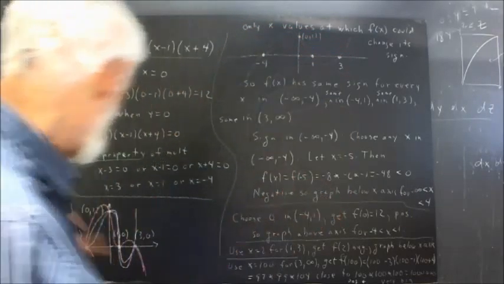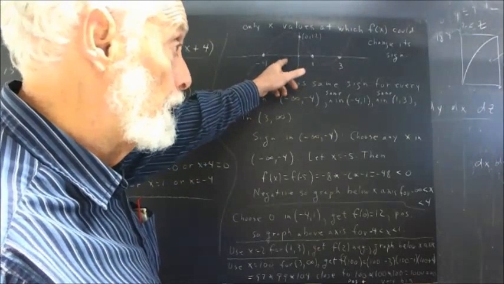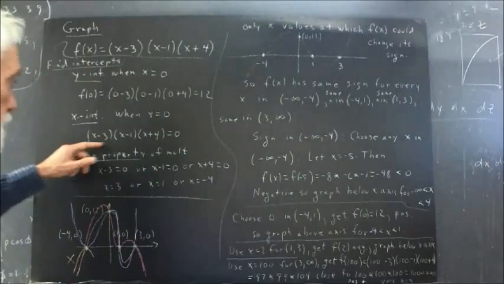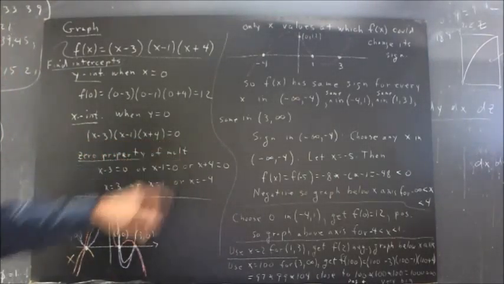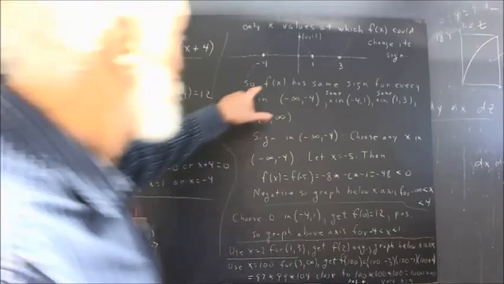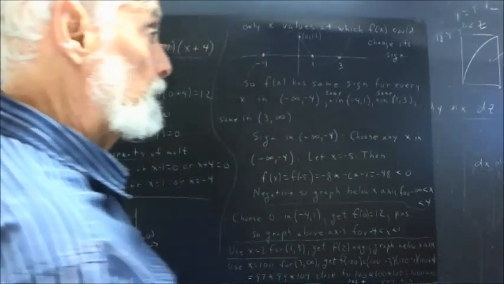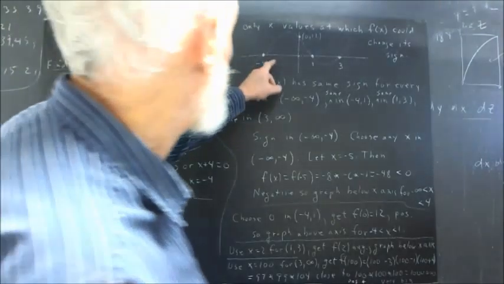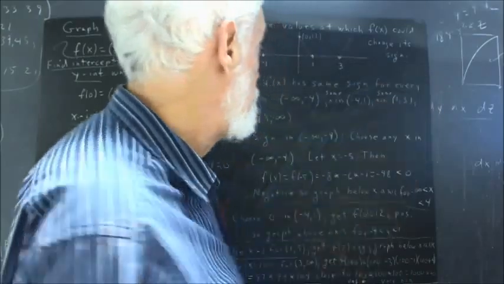Because as I said, if there was another point where we went through the x-axis, there would be another 0, and we can tell by these factors that there is no other point that will give us 0. So we determined that f of x has the same sign all the way from negative infinity up to negative 4, from negative 4 to 1, from 1 to 3, and from 3 on to infinity.